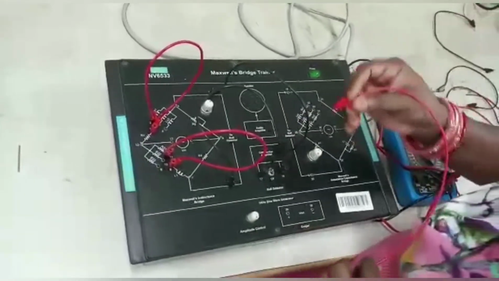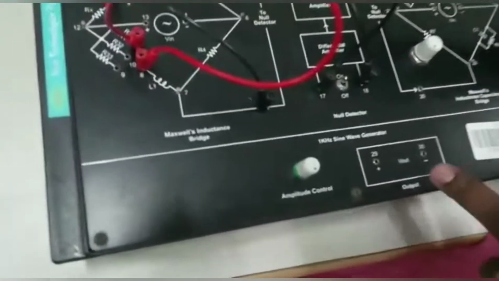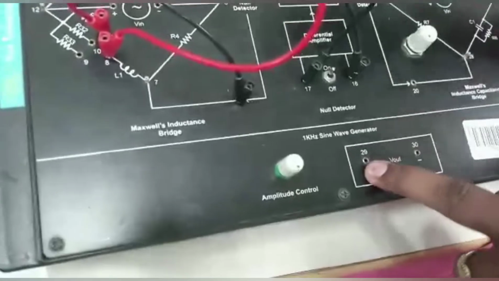Next you have to connect the sine wave generator with the Maxwell inductance bridge. So sine wave generator 29 to 30.